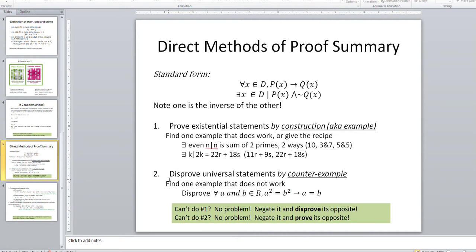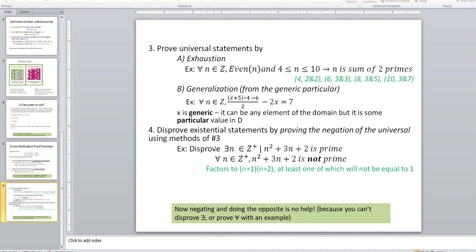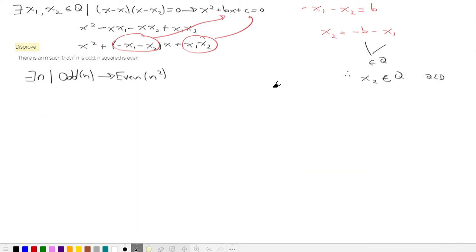To disprove an existential, what we do is we invert it and we prove the opposite. So let's write that down.